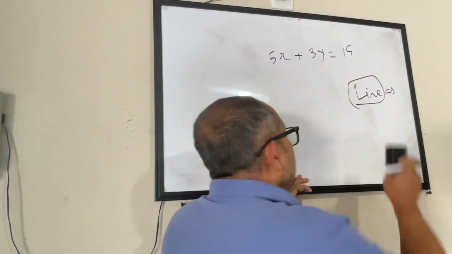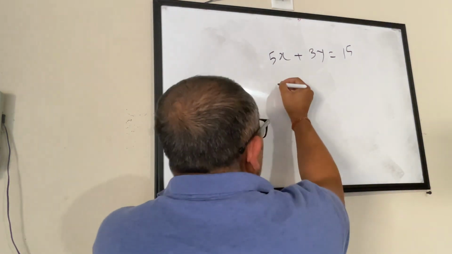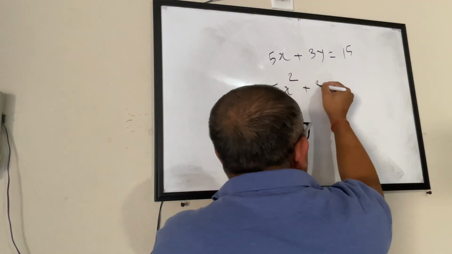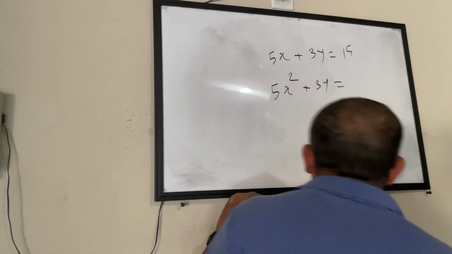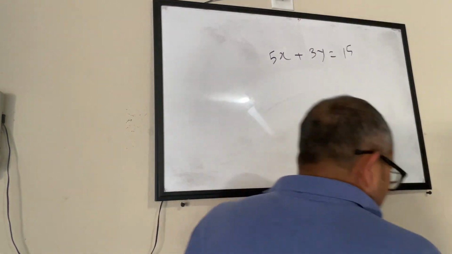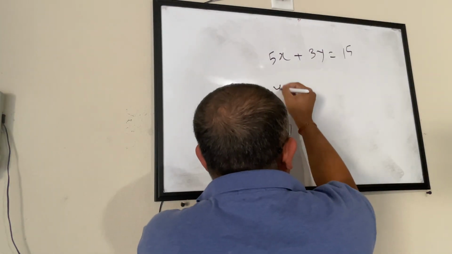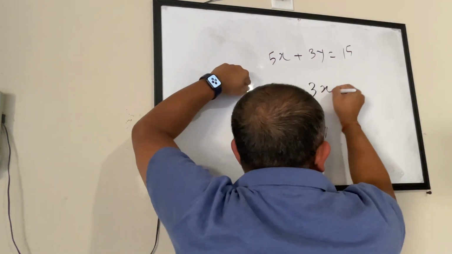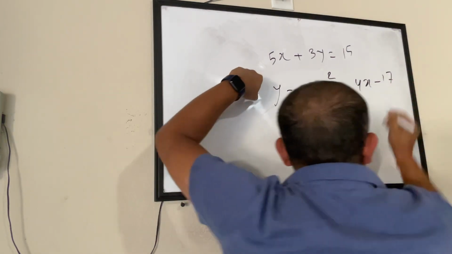That is understood. What happens if I increase the power? Let me not deal with multiple variables in the same equation. Let me say I have an equation like y = 3x² + 4x − 17.